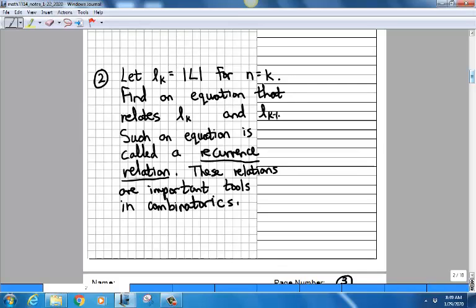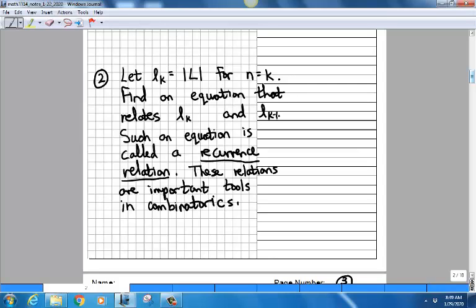Remember, we developed a formula that related that number of tilings to the number of tilings of a smaller 2 by n chessboard. That was the formula that we suggested last time. So we're going to come up with a similar formula here.